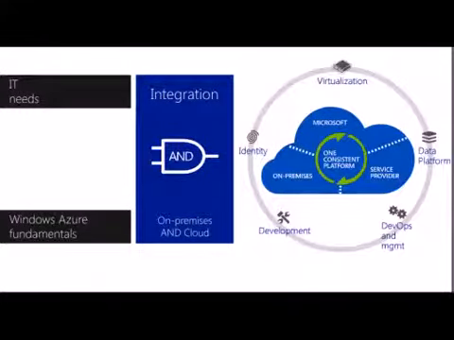Through one consistent platform. You can think of Windows Azure as utilizing at its very core the very same technology that we use on premises in Windows Server, the same hypervisor if you're using Hyper-V, which gives you a consistent platform between on-premises instances, or one that you might have with your local service provider, through to working with the cloud.